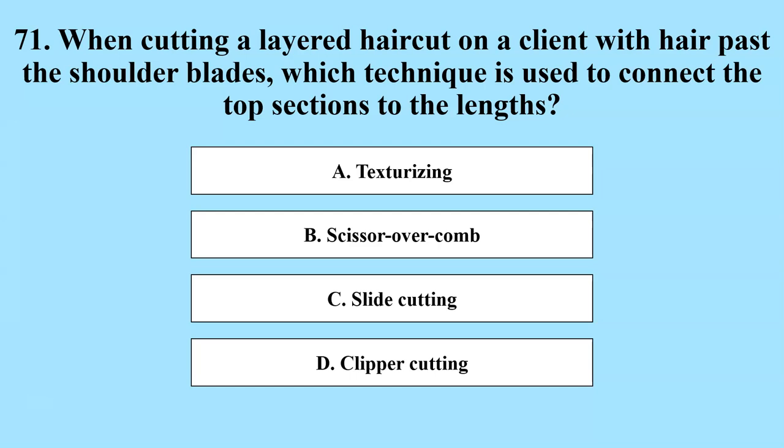When cutting a layered haircut on a client with hair past the shoulder blades, which technique is used to connect the top sections to the lengths? Texturizing, scissor over comb, slide cutting, clipper cutting.